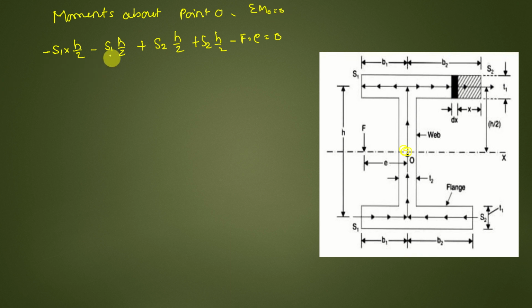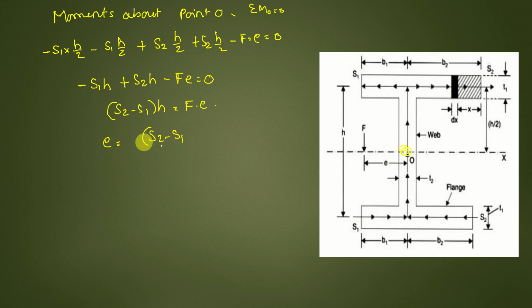Now what will I get? I will write it as minus S1 into h by 2, h by 2 will be h, plus S2 into h, minus Fe is equal to 0. So (S2 minus S1) into h is equal to F into e. Now I will write e is equal to (S2 minus S1) into h.